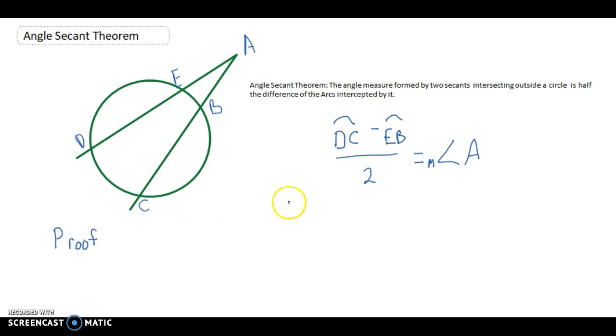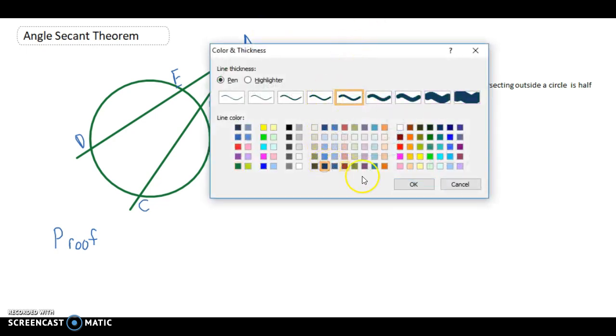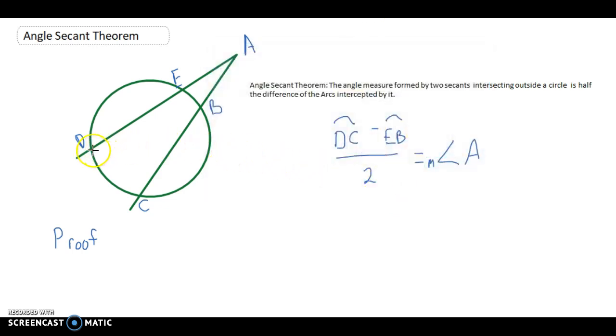So the first thing we are going to do is we have this, and we're going to draw the line BD. Let's use a slightly different color so we can see what's going on.